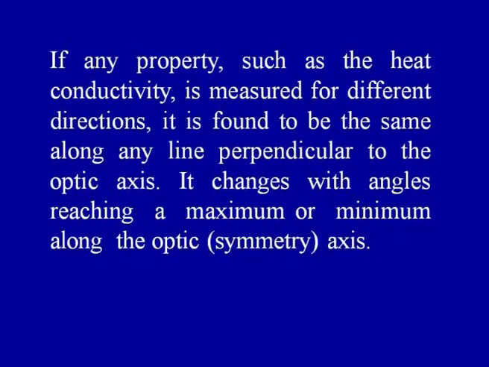If any property, such as for example heat conductivity, is measured for different directions in such a crystal, it is found to be the same along any line perpendicular to the optic axis, which is the symmetry axis. It changes with angles reaching a maximum or minimum along the optic axis.